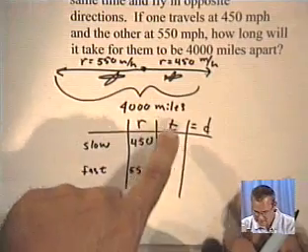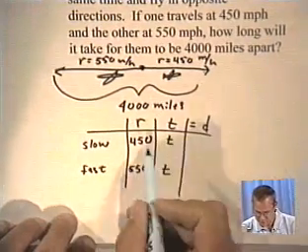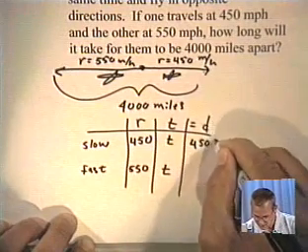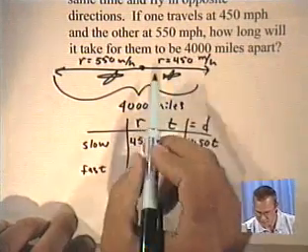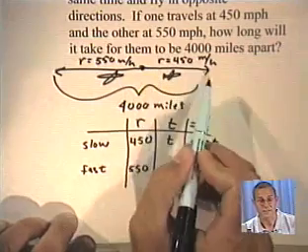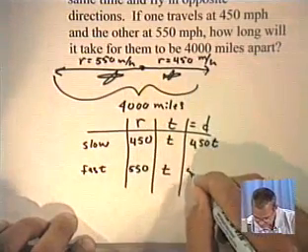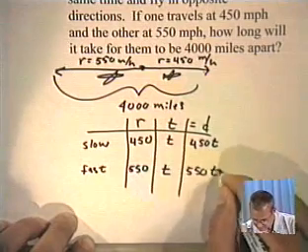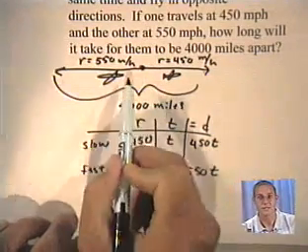Well, I know that rate times time equals distance. So 450 times t gives me 450t. That's going to represent the slow airplane's distance. Similarly, 550 times t gives me the faster airplane's distance.